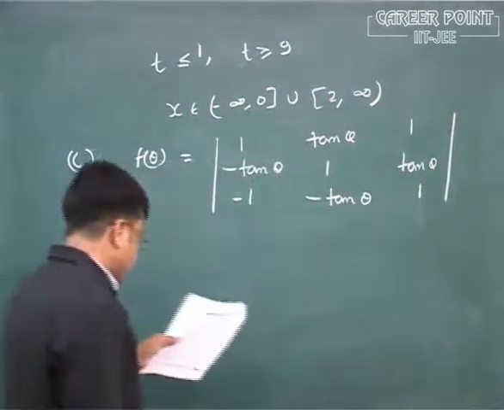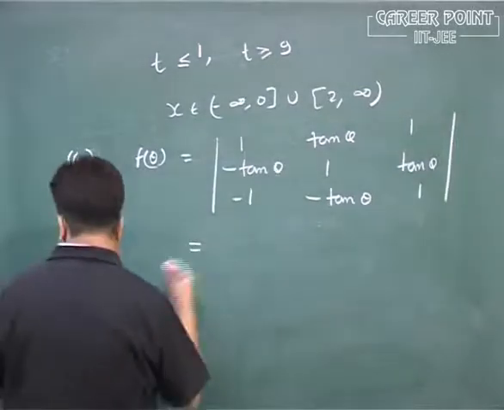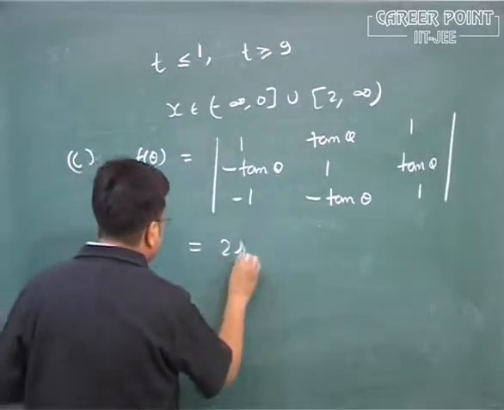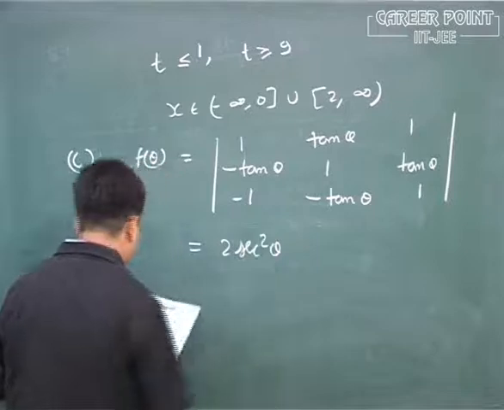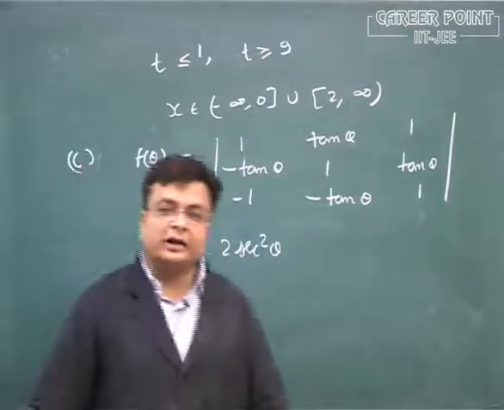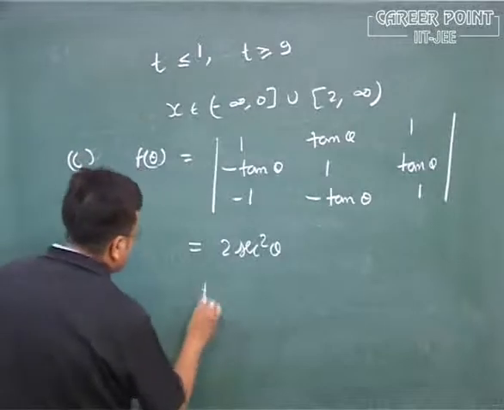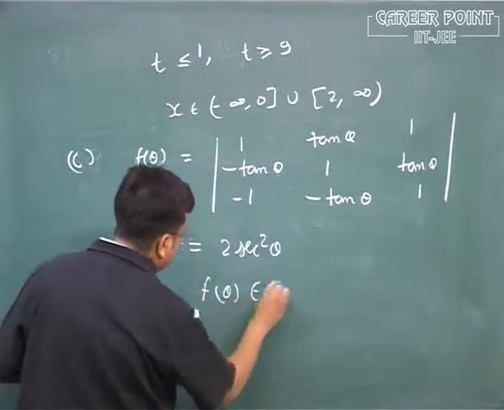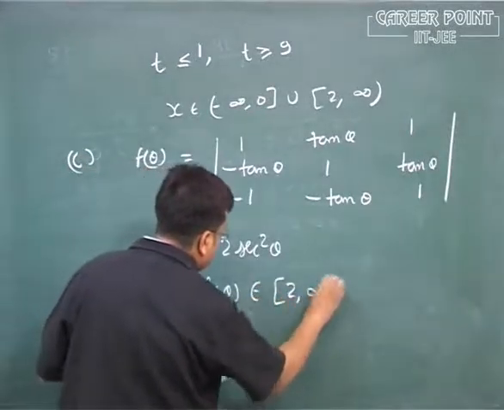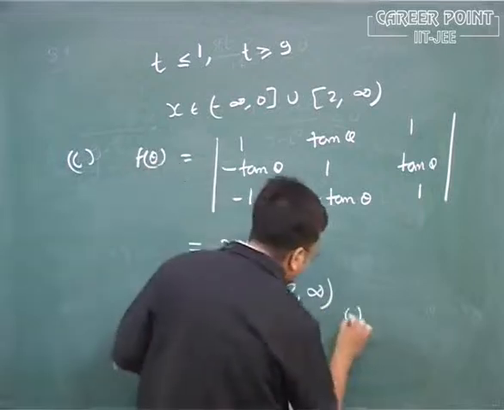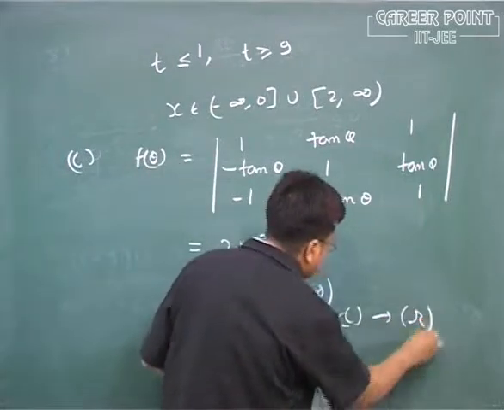Solving this determinant, we get f theta is equal to 2 sec square theta. As we know that sec square theta is always greater than or equal to 1, so 2 sec square theta means f theta must belong to 2 to infinity. So, the answer of this part C must be R.